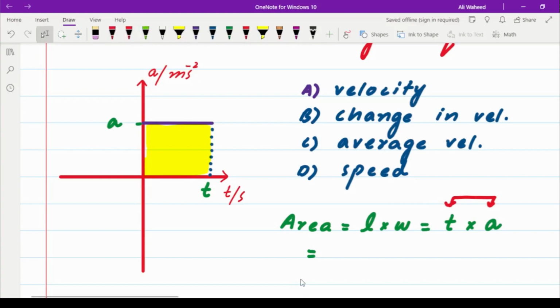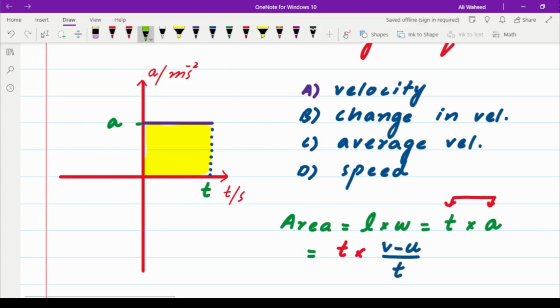Directly we may not be able to come up with a quantity for which the formula is this. So what we can do is break down the formula. Acceleration can be written as change in velocity over time, v minus u divided by t.